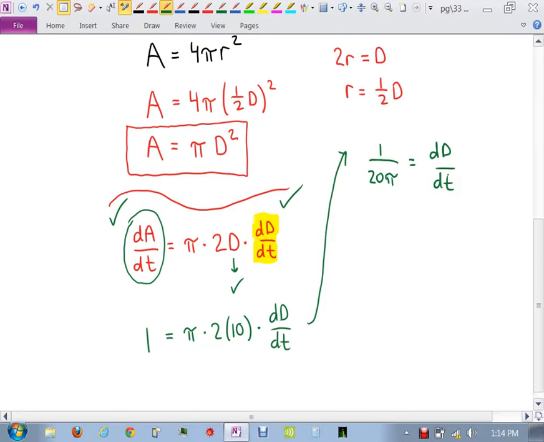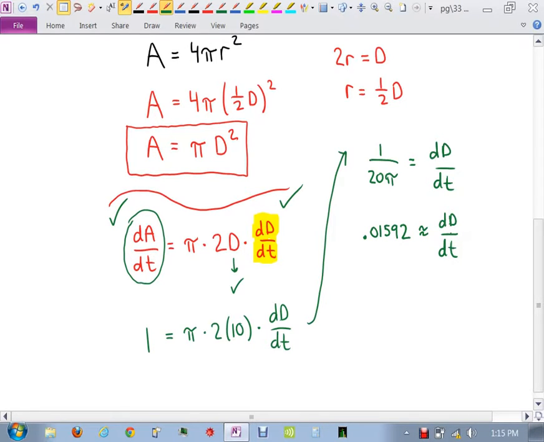We'll go ahead and figure out what that is on a calculator, just get a decimal approximation. Then divide 1 by that, and you should get something like 0.01592, which is approximately dd dt.